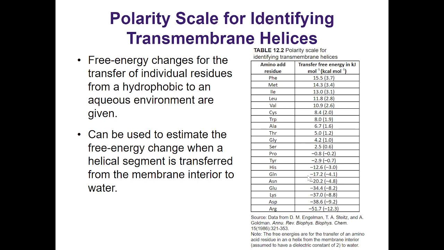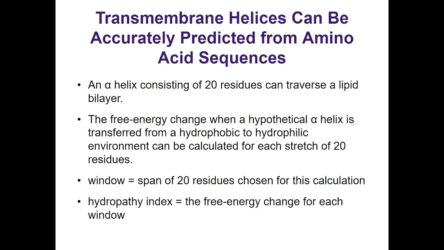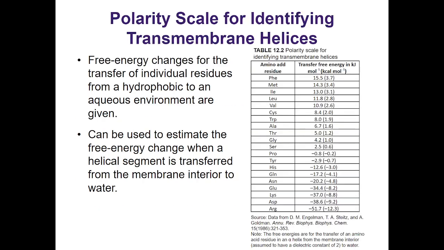No, it's going to push itself out because it's very energetically favorable to do so, isn't it? Okay. So an alpha helix that consists of 20 residues can traverse lipid bilayers. The free energy change when a hypothetical alpha helix is transferred from a hydrophobic to a hydrophilic environment can be calculated for each stretch of 20 residues based on this table right here. Literally, you would go down and just add these together, right?